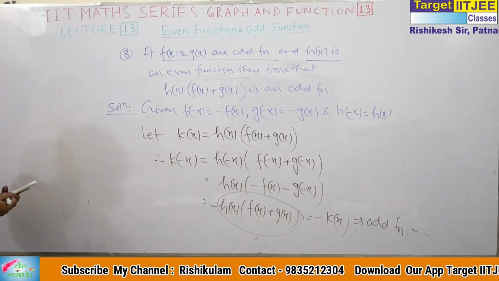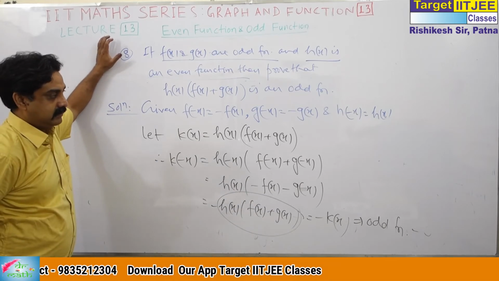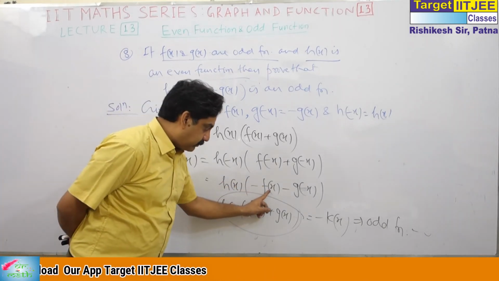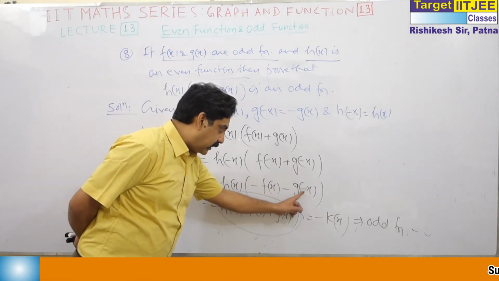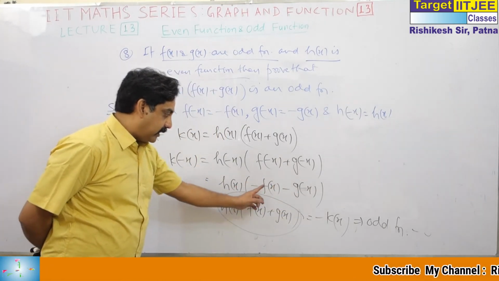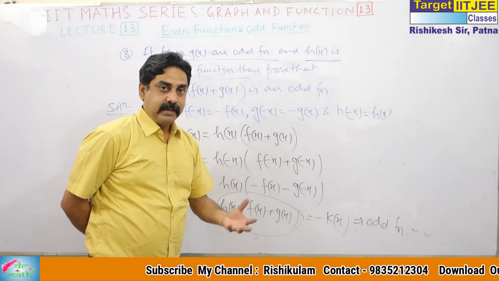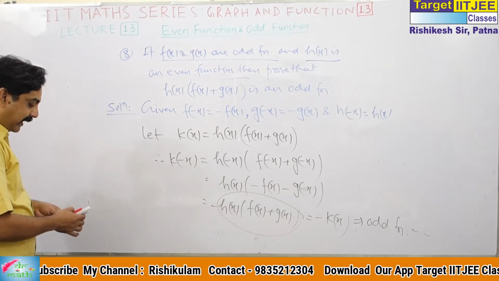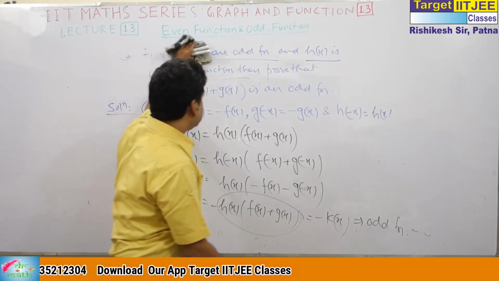There are some conclusions which are called the algebra of even and odd functions. You can see the sum of two odd functions is an odd function. When an odd function is multiplied by an even function, this is an odd function. There are some properties that I am going to write, and you can guess with your intuition.